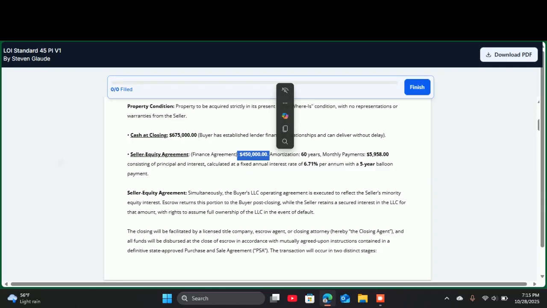You can do some simple math real quick if you want. I'm about to pull it up. So the seller will walk away with 225.